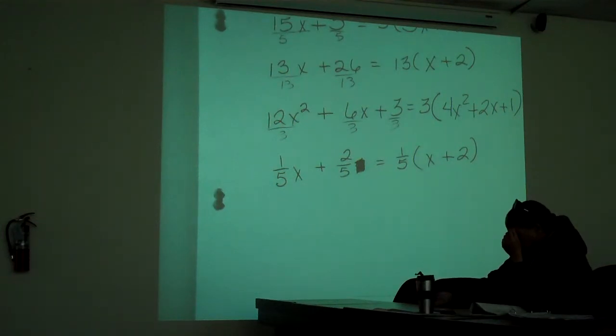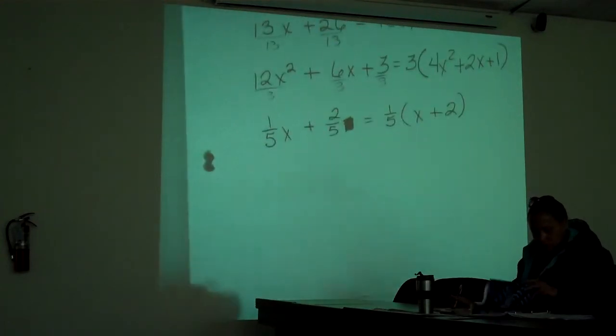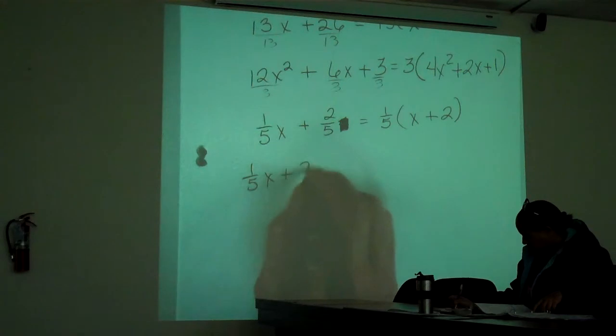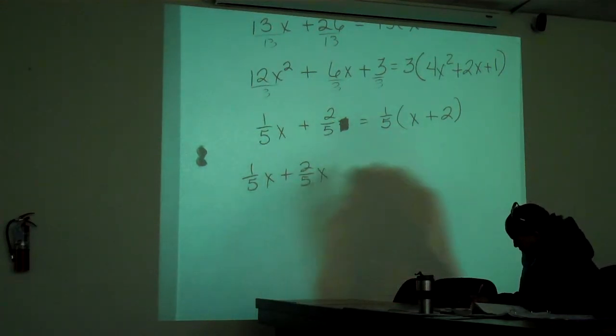How about combining like terms? The way I had this before with the x's after it, let's go ahead and do one like that. Well, if we had 1/5 x plus 2/5 x plus just the 3.